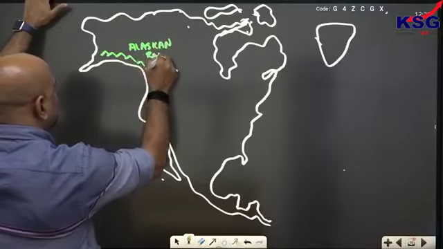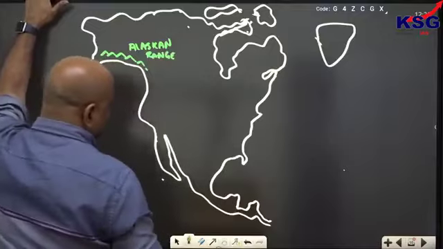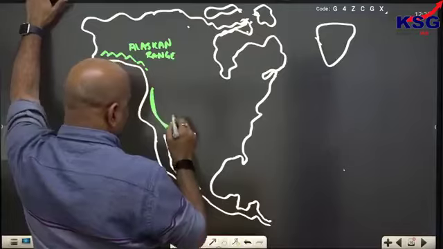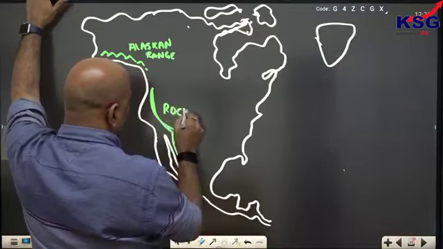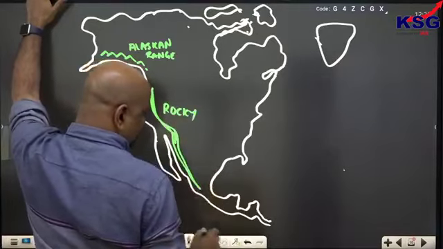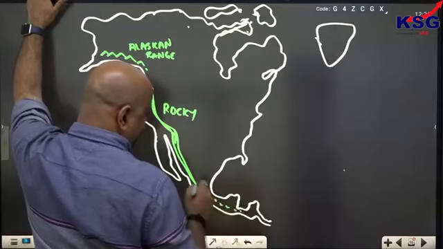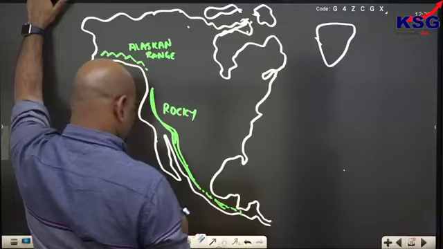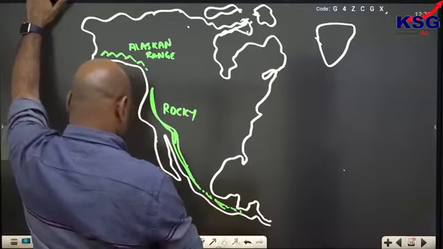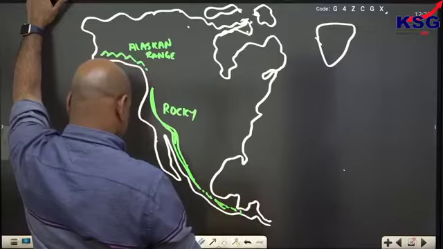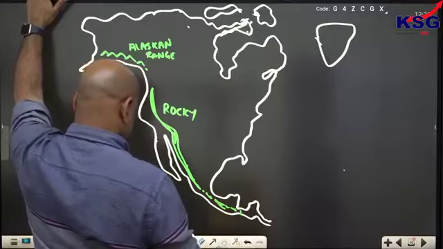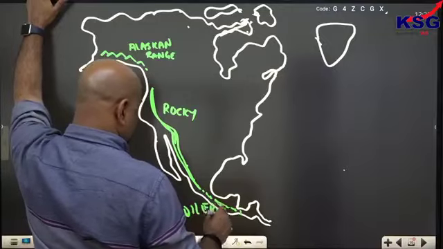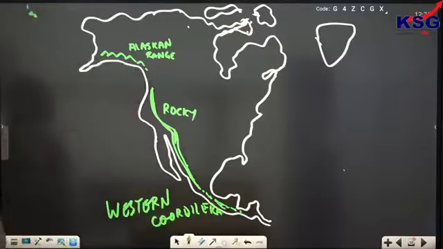This here is the area of Rocky Mountain, and this region here it is Western Cordillera here. Can you please draw this?